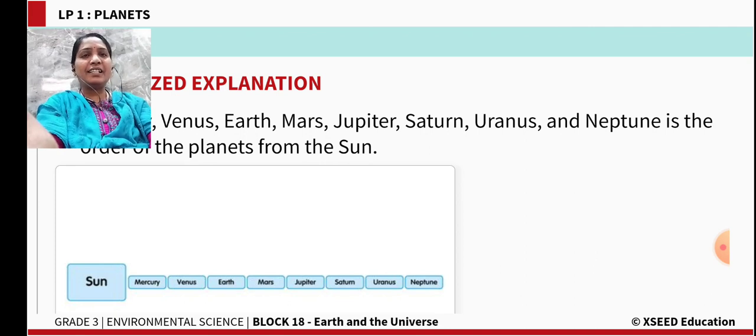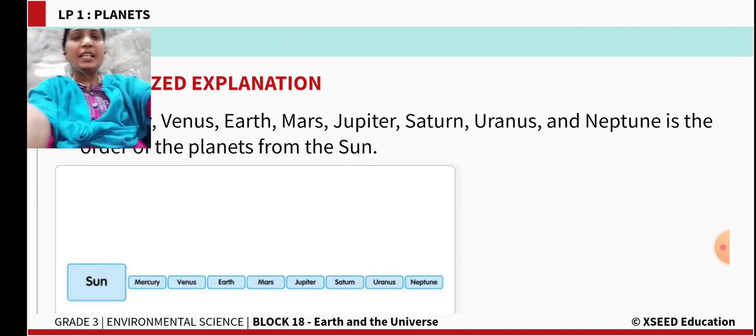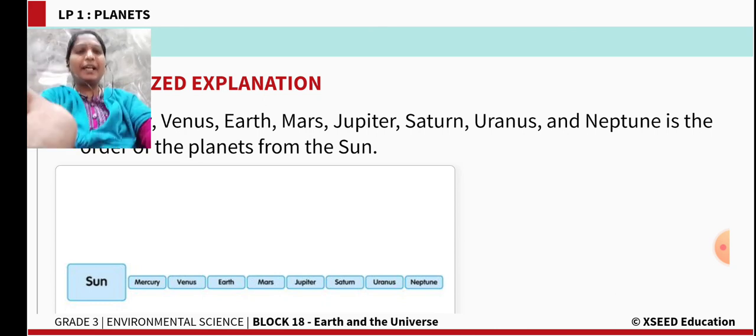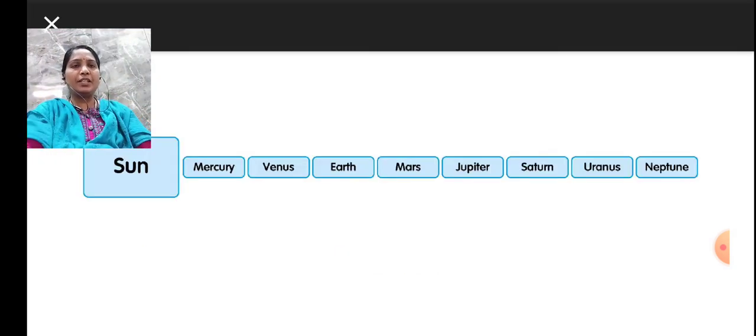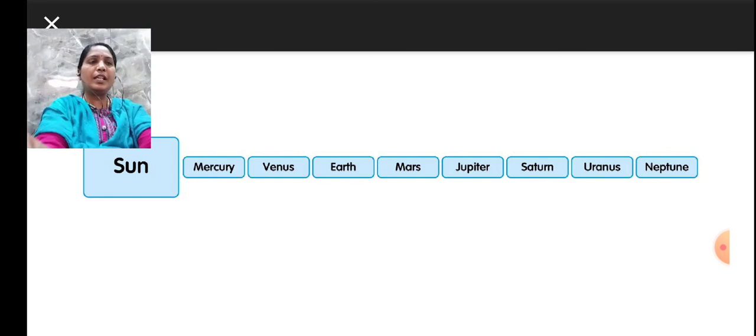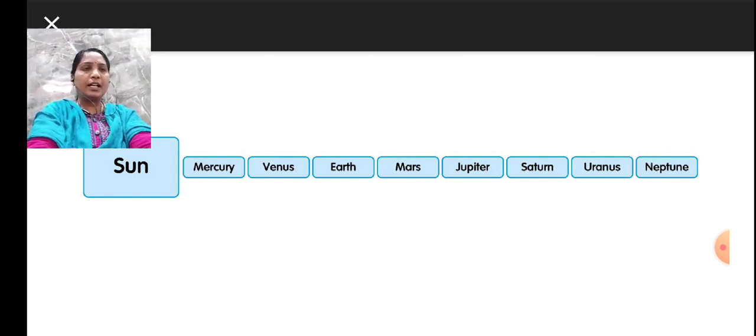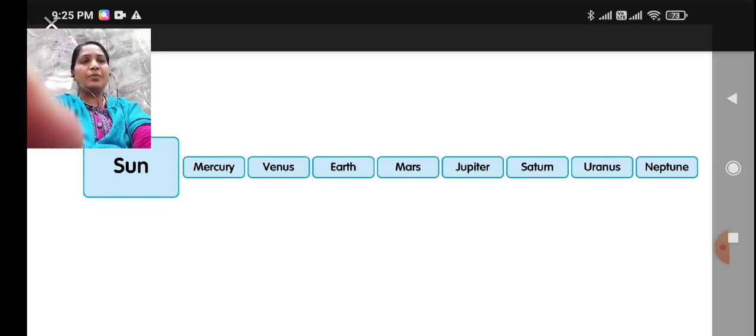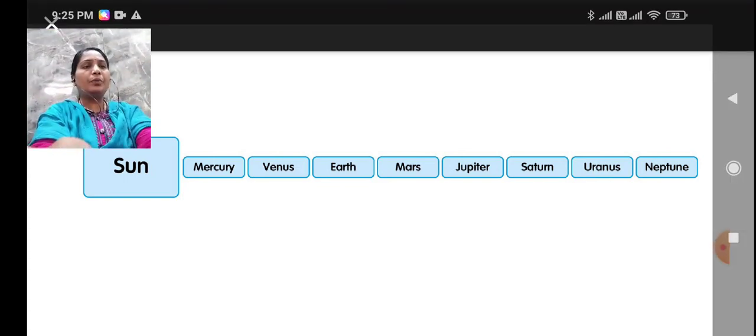And this is the order where you can see the order of the planets in this picture. As we discussed just now, the first one is the sun, and the second one is Mercury, third one is Venus, Earth, Mars, Jupiter, Saturn, Uranus, and Neptune. And this way only, by the trick or the help box which I gave you, will help you to understand this.